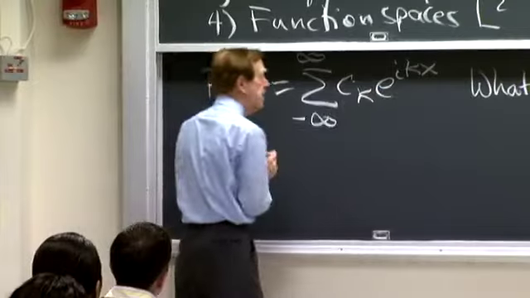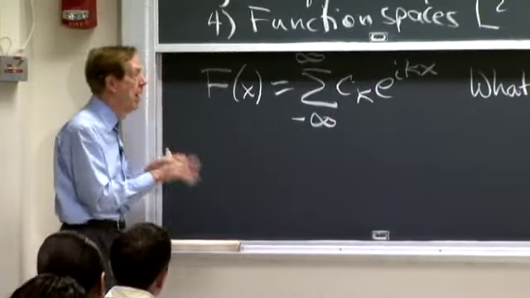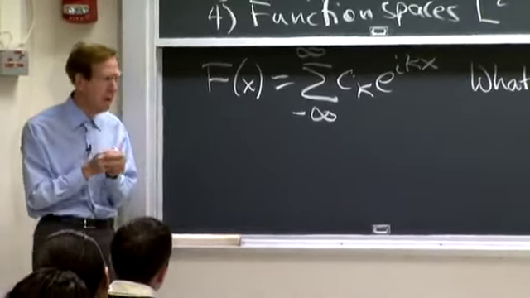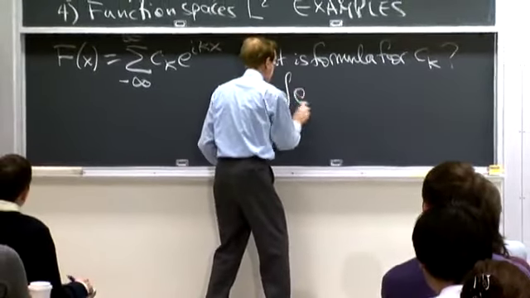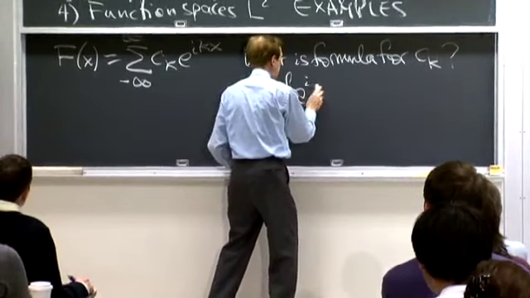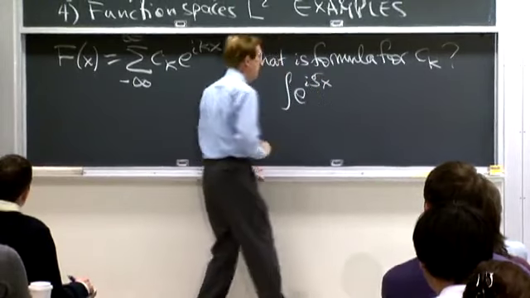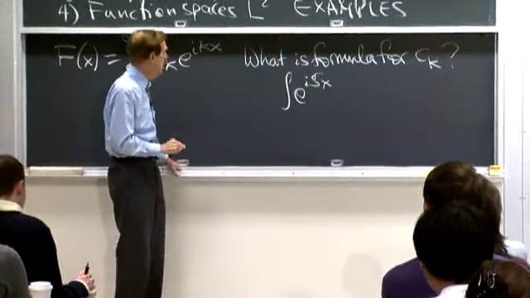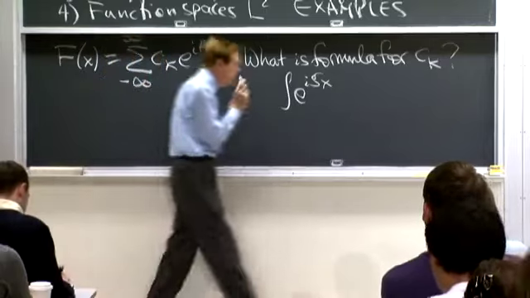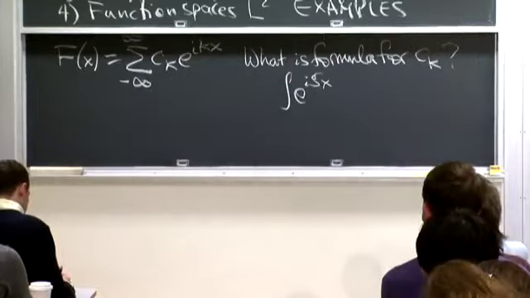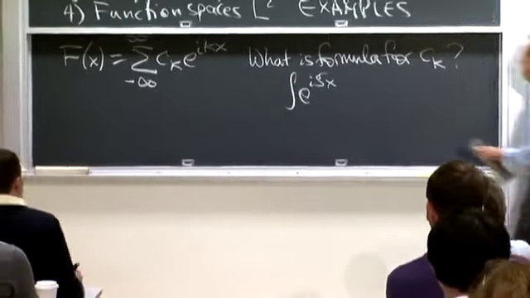I want to multiply by something so that when I integrate, all the other integrals are going to disappear. And let's just do it. Here, suppose I have e to the i 5x, and I'm looking for c_3. So I'll look at e to the i 3x.